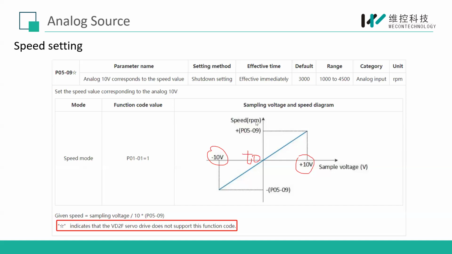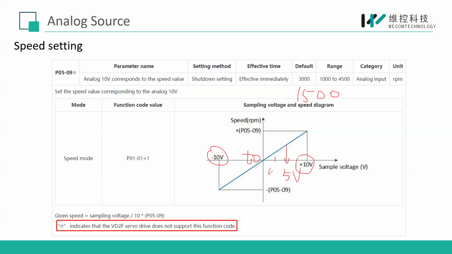This parameter is about how fast the motor speed is when the input voltage is 10. So you can see, if the input voltage is 5 volts, our speed will be 1500.